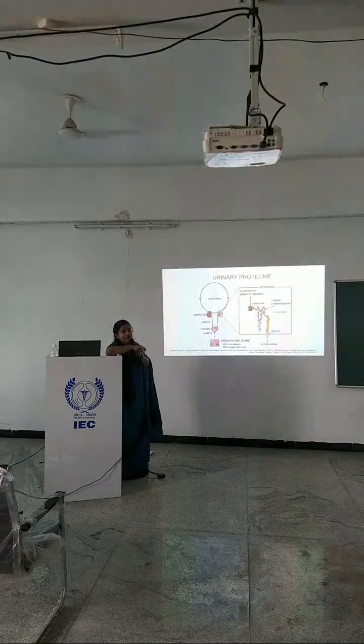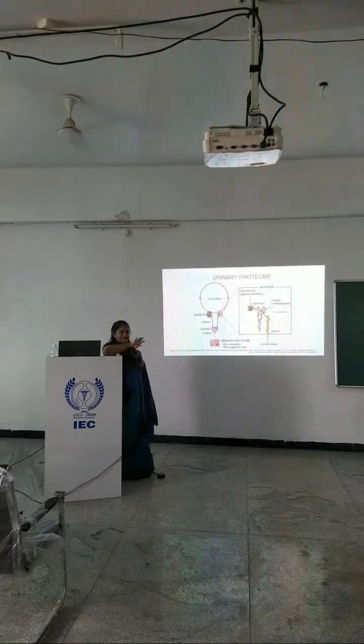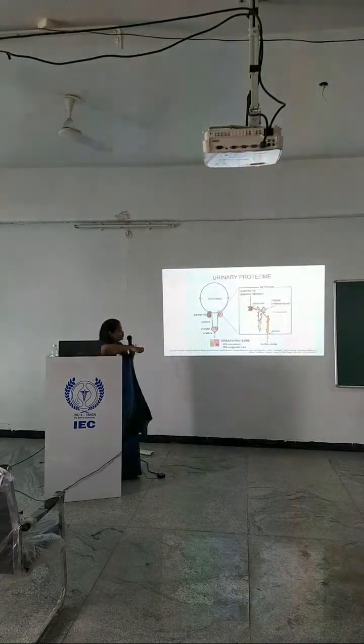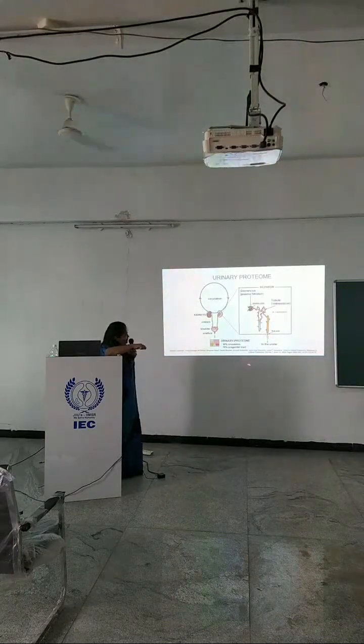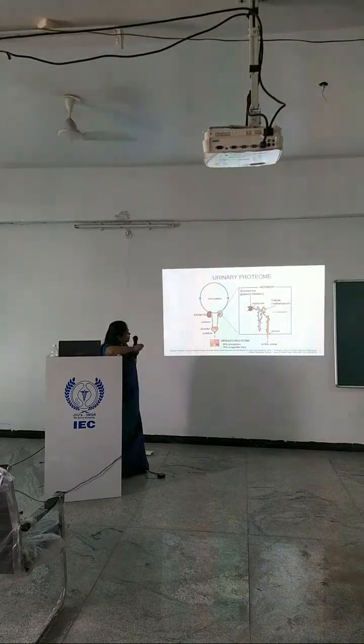Now there is a wide study on urinary proteome. It's not just done for kidney diseases, but even for cancer. The study says that urinary proteome reflects 70% of the urogenital tract. Suppose you have a urogenital disease and you find a molecule in the urine, there is a 70% likelihood that that molecule is found in the urine because it comes from the kidney or urinary tract.